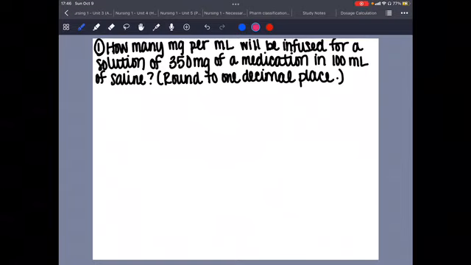All right, so all you're going to be doing is solving for the mL. For this one, I'm only going to go one way, just so it'll make it easier for everyone to see.